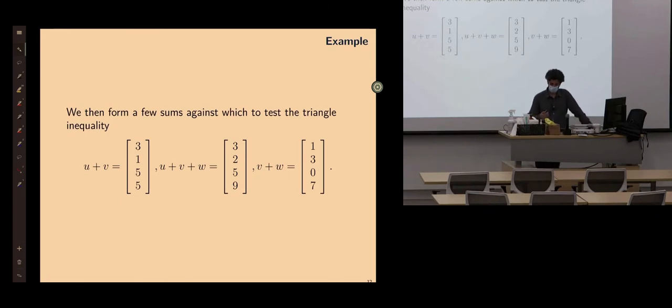Then you can sum them up. You can calculate u plus v. That means add corresponding entries, and that will give you another vector. You can add 3 of them. You can add up 2 of them, v and w, instead of u and v.